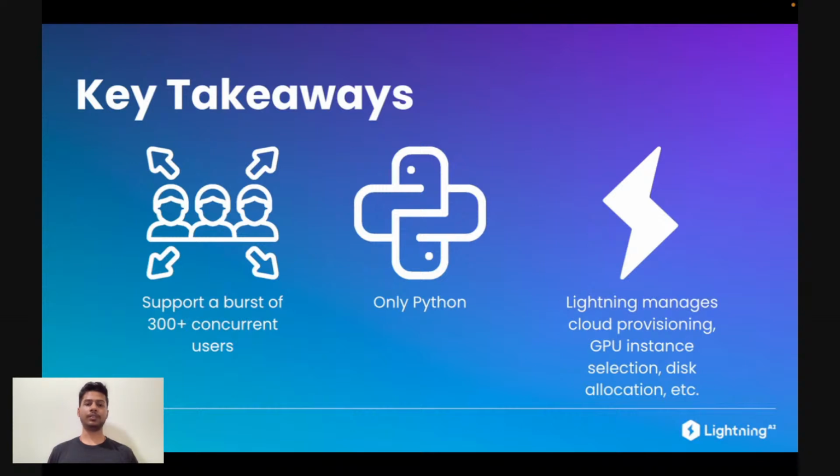Also, everything is in pure Python. There is no YAML or anything like that, so you have full control with the code. And Lightning manages everything for you: cloud provisioning, GPU instance selection, disk allocation. So you do not have to worry about anything at all. You can just focus on your research, your code base, and the engineering tasks, and not worry about how to manage cloud and infrastructure at all.